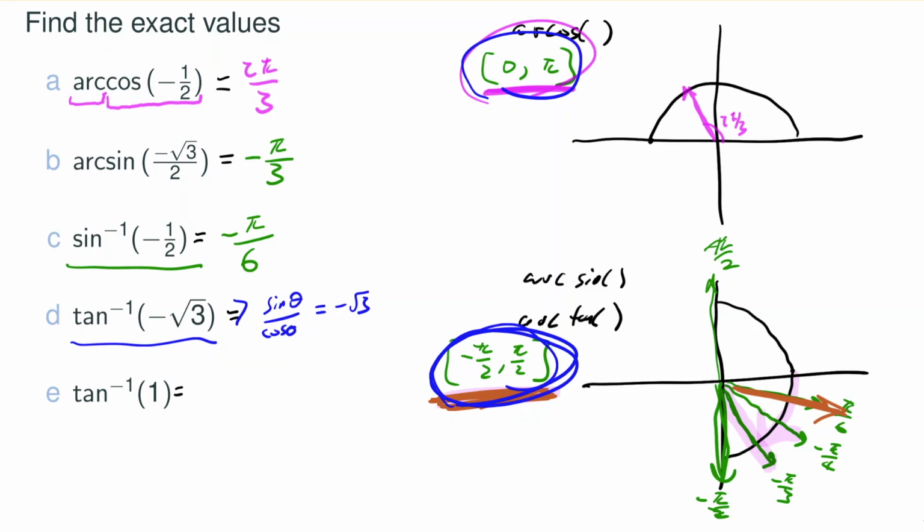So the theta we find here must be between negative pi over 2 and positive pi over 2. So on the unit circle, we know that 11 pi over 6, for example. So let me do it here. Tangent, sine of 11 pi over 6 over cosine of 11 pi over 6.